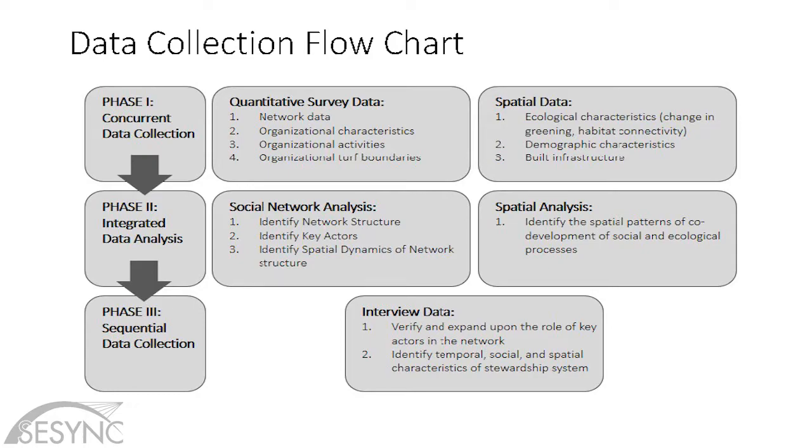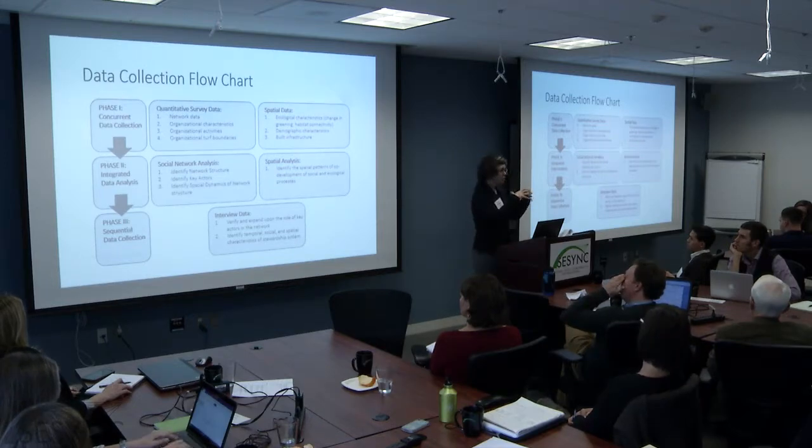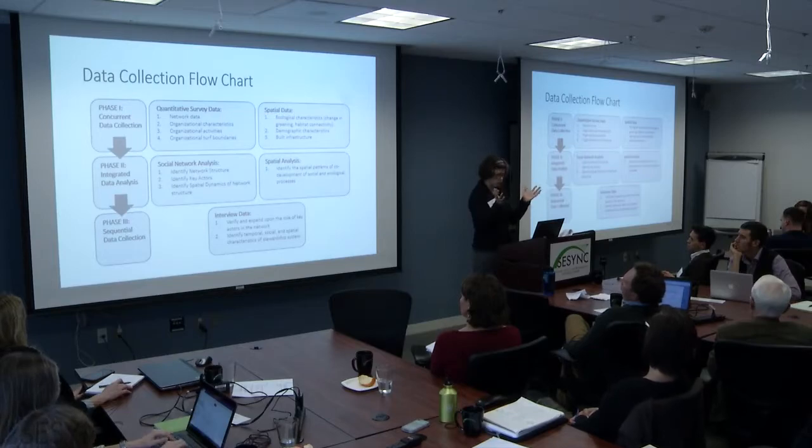So this is the data collection flowchart that James, who was the lead author on the chapter that I shared with everybody, put together, and I think it's a really nice way of thinking about data collection. There are different ways of thinking about mixed methods, right? One is in terms of data collection, and the other is in terms of data analysis. This one does both. We have quantitative survey data that we collected with organizations doing stewardship in New York City.